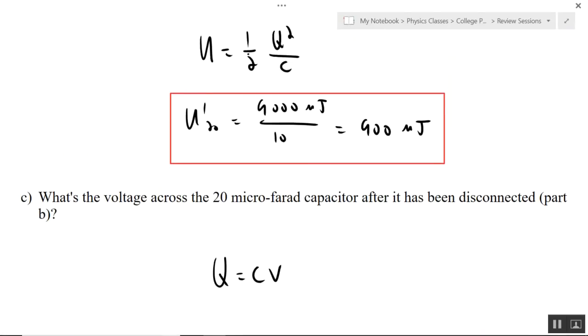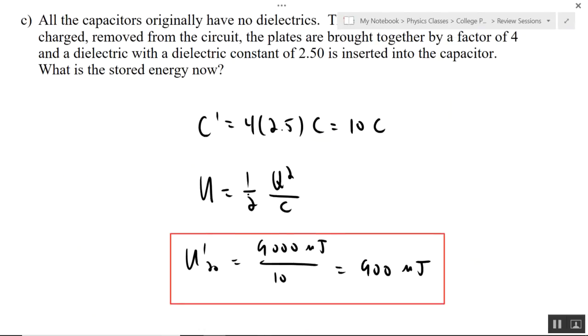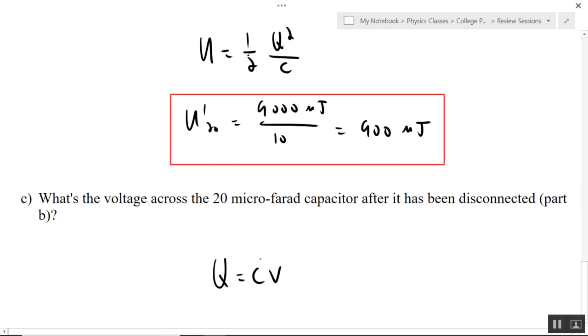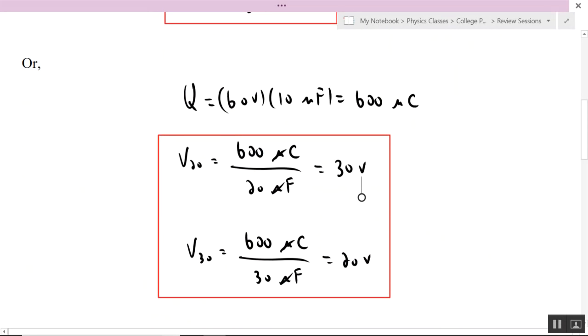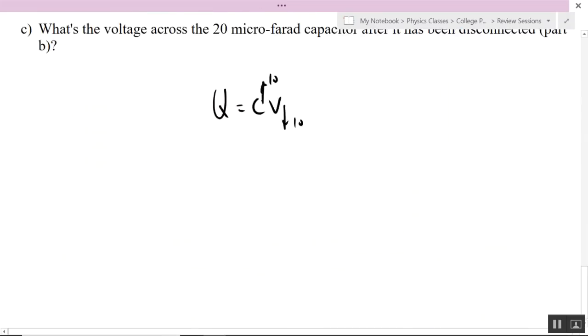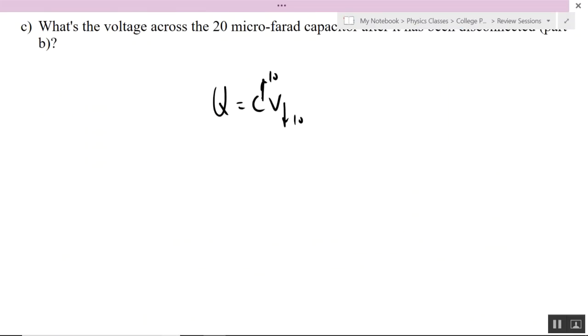The U went down by 10, but the C went up by 10, right? So if this goes up by 10, what happens to V? It goes down by 10. That's it. The original V was 30. We found that in part A. If you take 30 divided by 10, that gives you the new V, right?